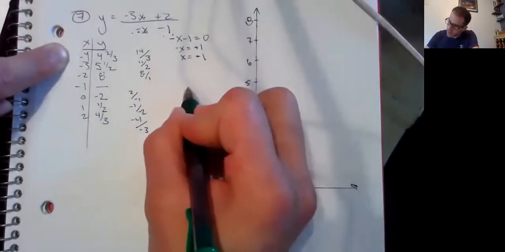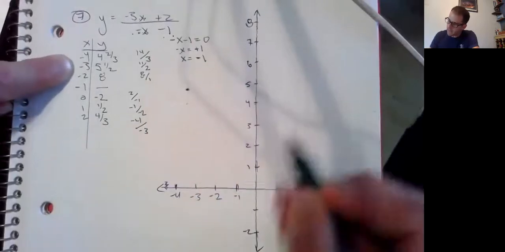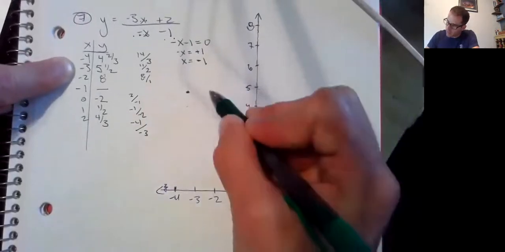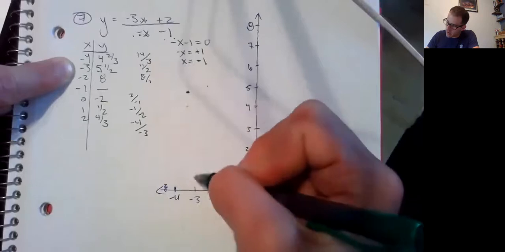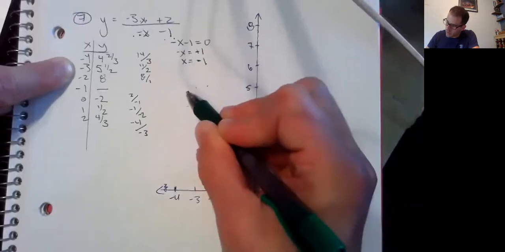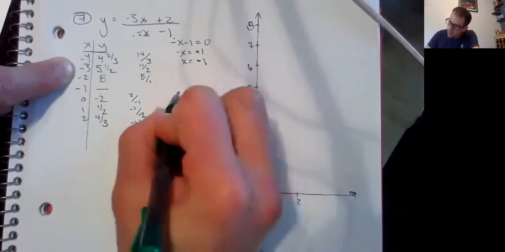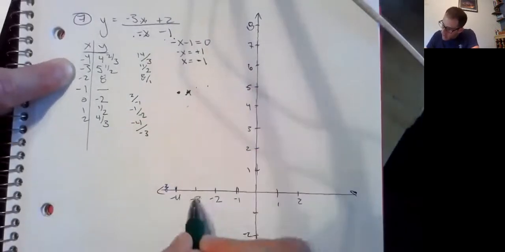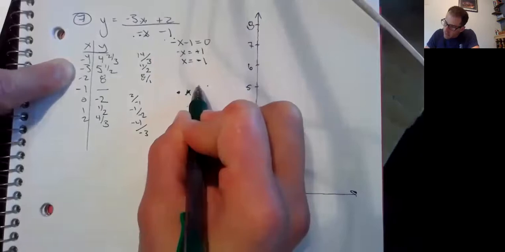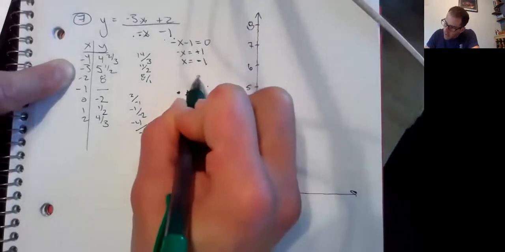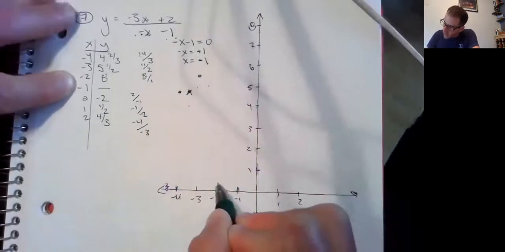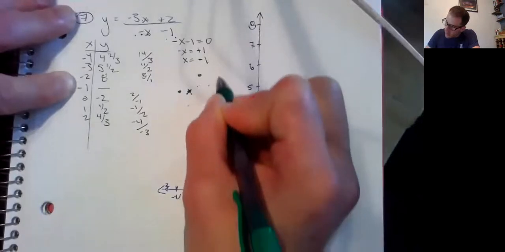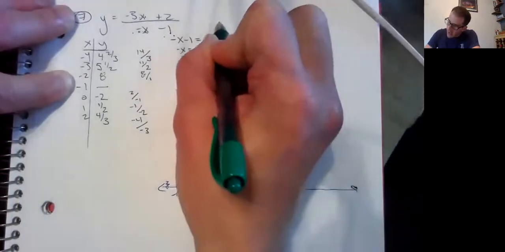Here's 4.5, so 4 2/3 is just above it. Negative 3 is at 5. Oh, I'm sorry, I'm off 1. Oh, my eyesight. I apologize, children. -4 is on this line. -3 is on this line at 5.5. -2 is all the way up at 8.